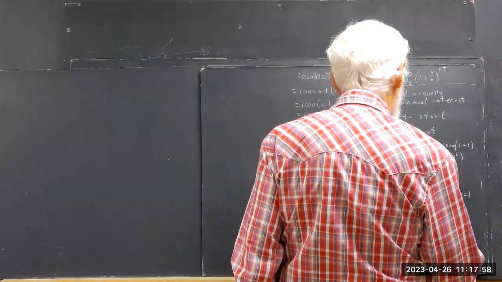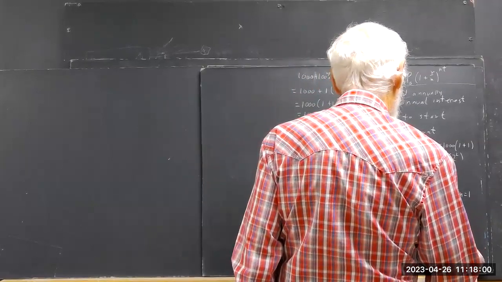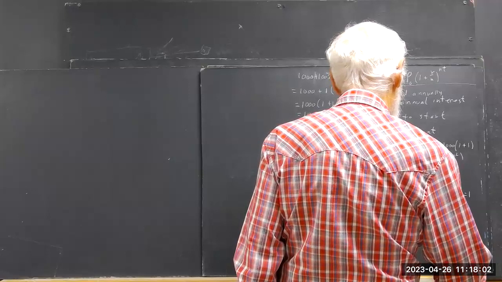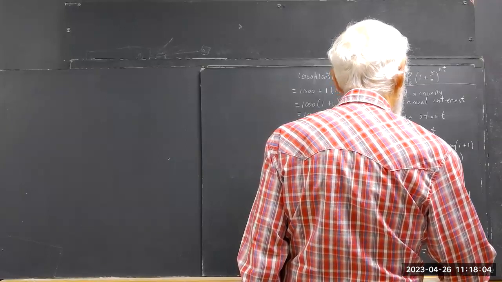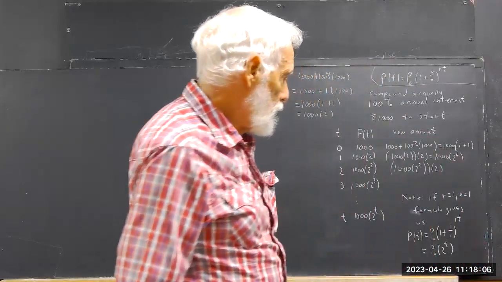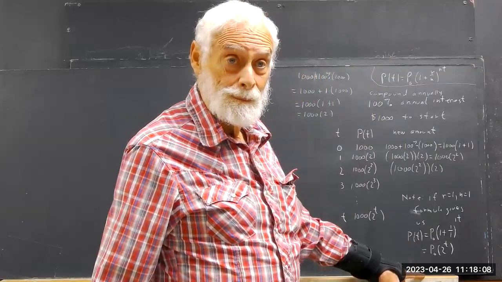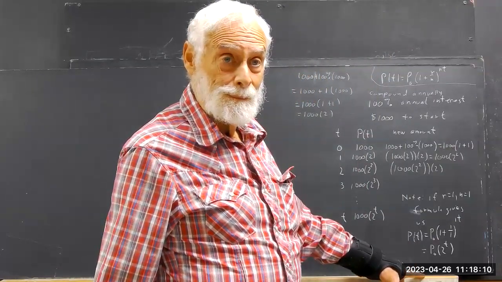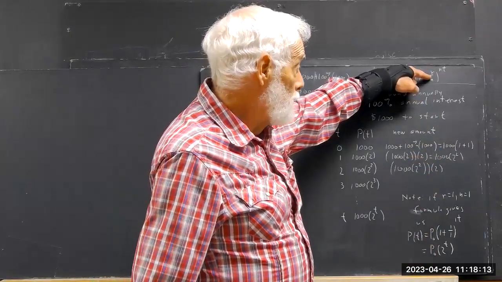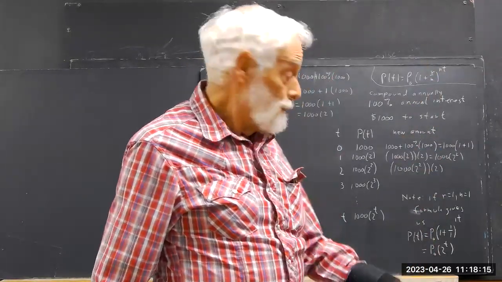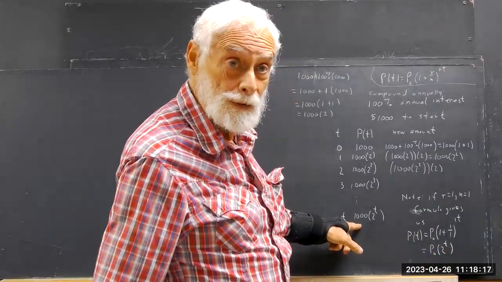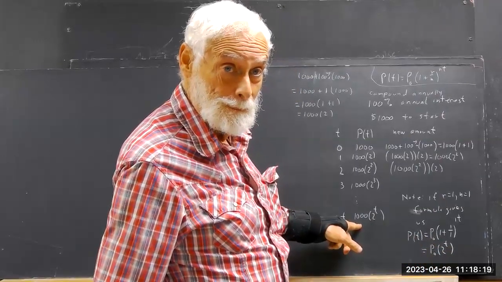And that's just E0 times 2 to the T. Again, we let R and M both be 1. This is what we get, and that agrees with what the table tells us.